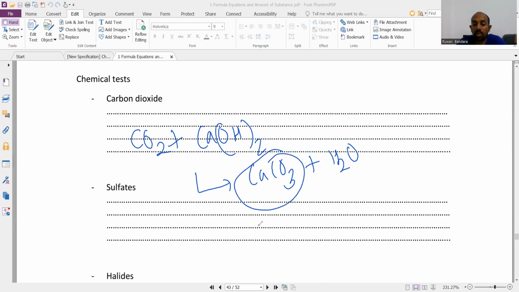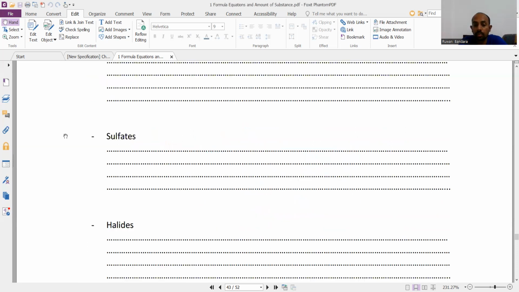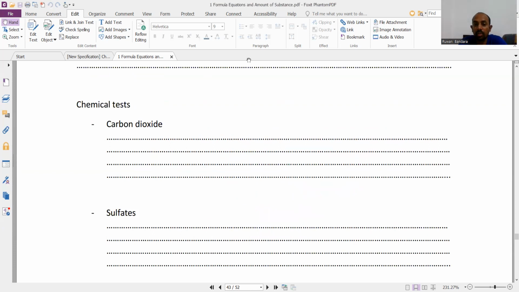So this is the white precipitate, or you can say the lime water turns milky. Actually this remains as a suspension. That's why the entire solution becomes milky. Don't erase that equation.